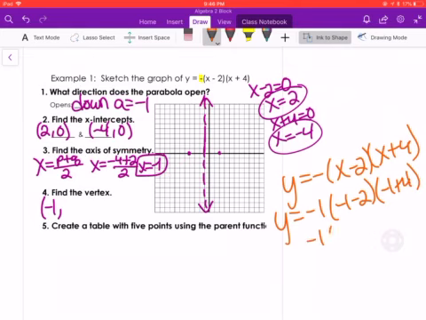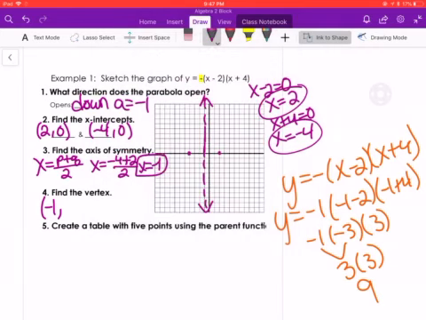So that's going to be -1 times -3 times 3. Now this -1 out front, only multiply it by the first one. Don't distribute it to both. This is just a string of multiplication. So just do -1 times -3, that's 3. Then 3 times 3 is 9. So my vertex is going to be (-1, 9).